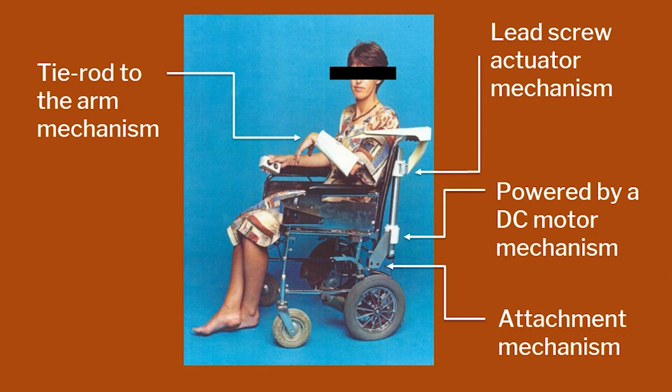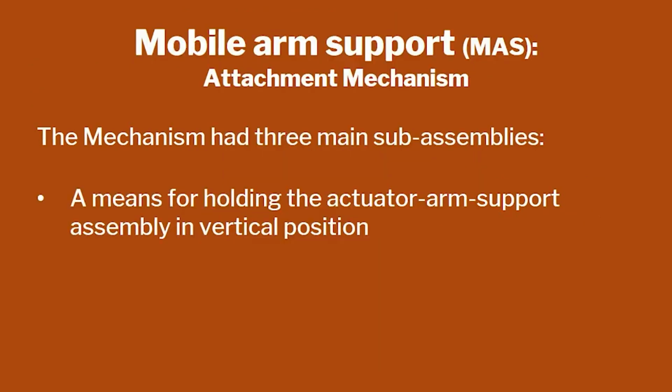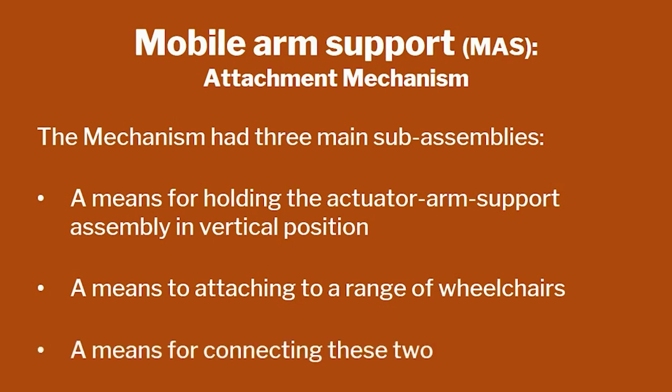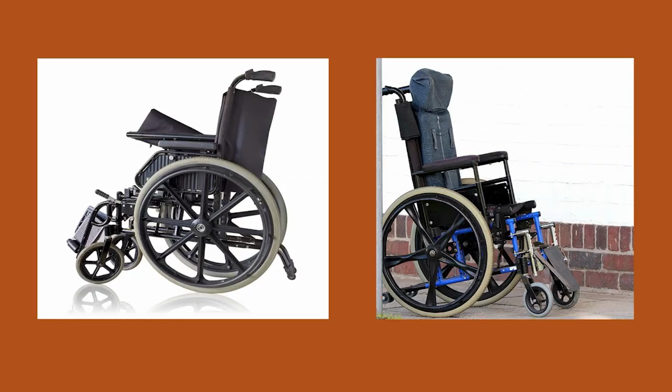And then there is an attachment that attaches the actuator, arm support assembly to the wheelchair. We need to have a way of holding the actuator arm support in vertical position, it must remain vertical, attachment to a range of wheelchairs which can have different orientations and so on, and a means of connecting the two, right? So we looked at a bunch of wheelchairs. What did we find?